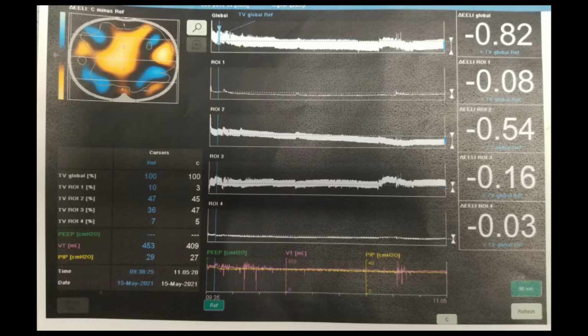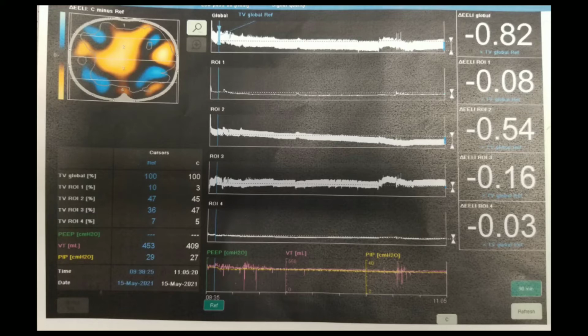comparing the previous P high of 30 and then the drop, and we're looking at any loss in end expiratory lung volume over time. So we see here that we have a global decrease of 371 milliliters. Now, how do I get that?